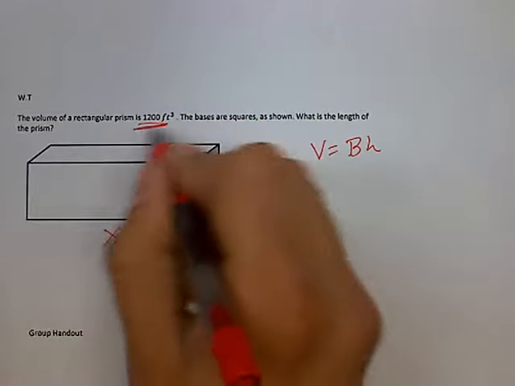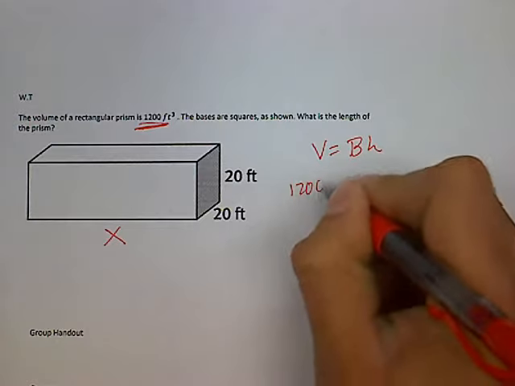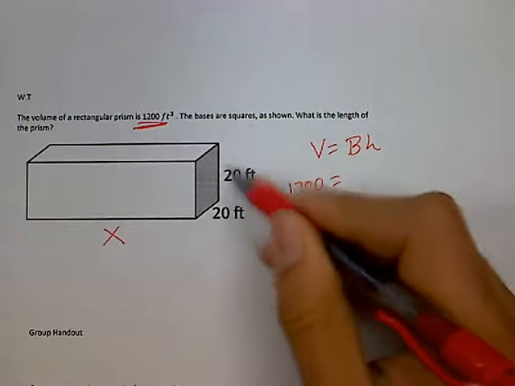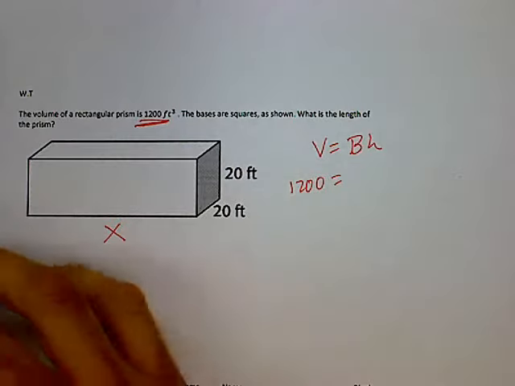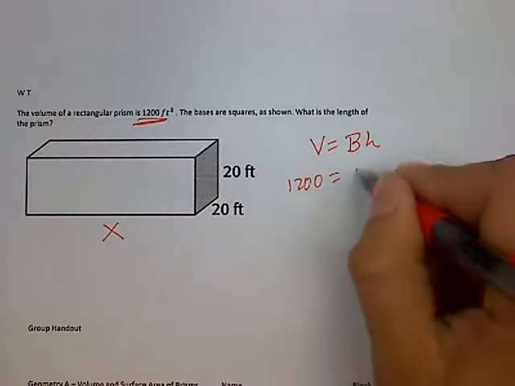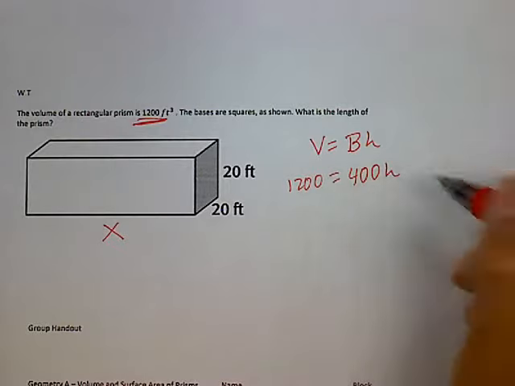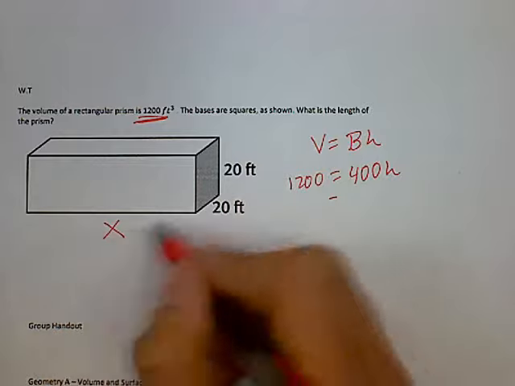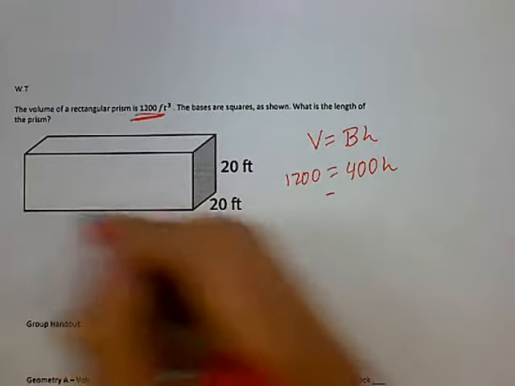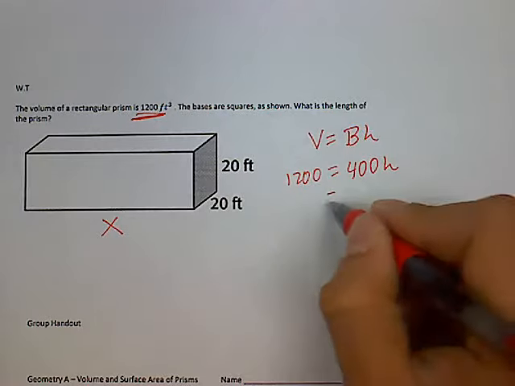I know the volume is 1200, and I can easily find the area of the base because it's a square. That is 20 times 20, that is 400, times the height. We can think of it as the height, or x, the length of the prism, which is the height.